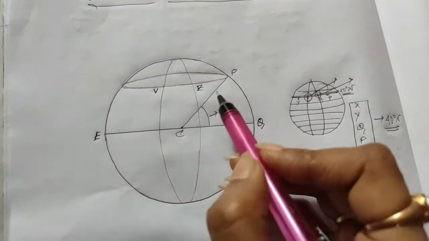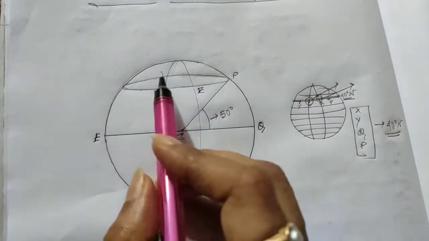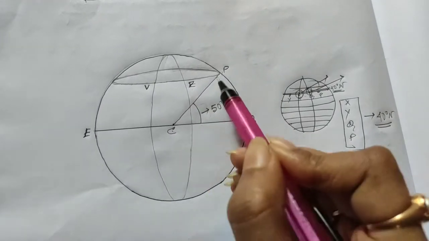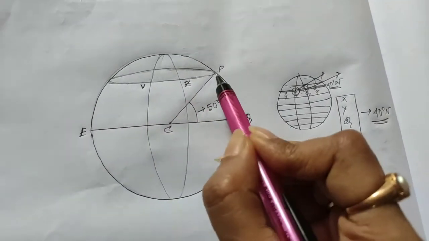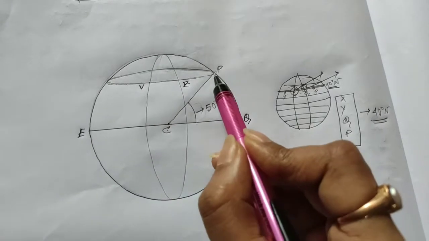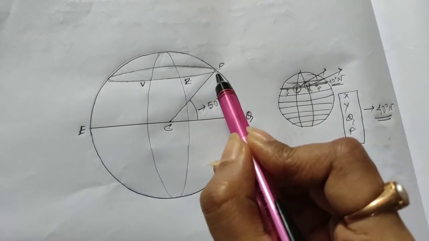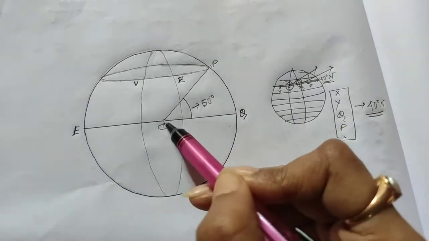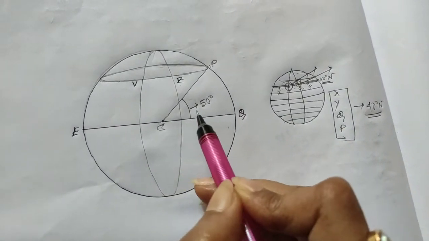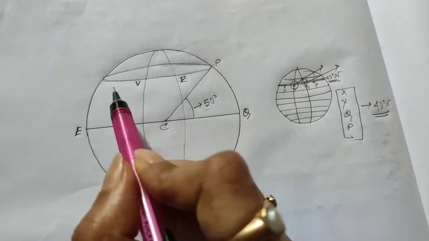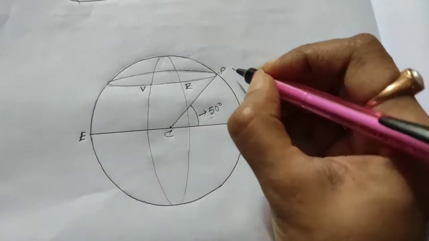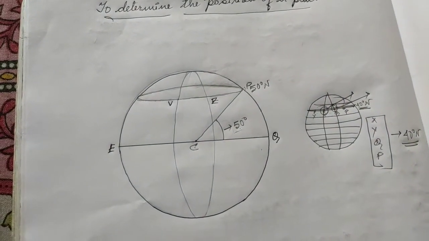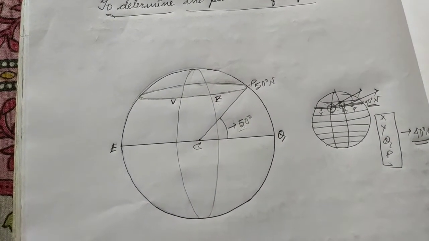When this angle is 50 degrees, that means we get this latitudinal line from the edge of this circle, where it touches the surface of the earth, to the center, and the angle is 50 degrees. That means this latitudinal line is 50 degrees north, because it is the northern hemisphere.